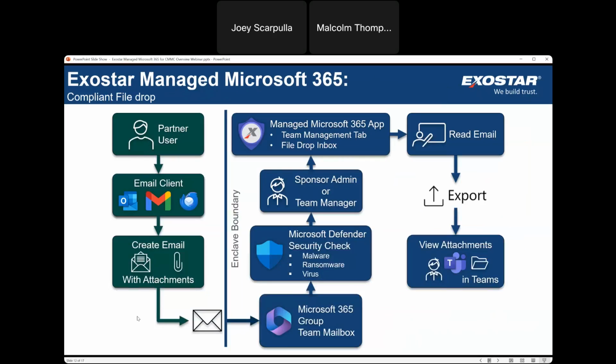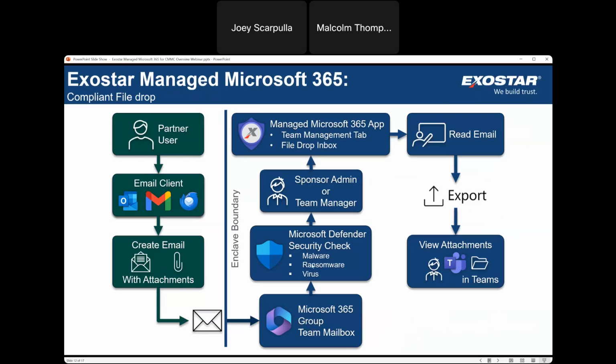They would send that document to a Teams-based email address. When you create a team in the enclave, every team has an associated GCC High email address that you can provide to your partners, and they can email CUI directly to that email address.